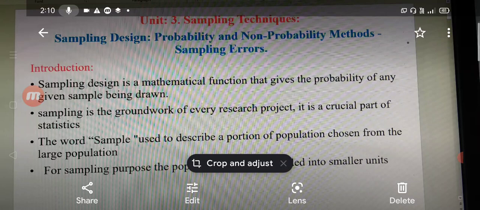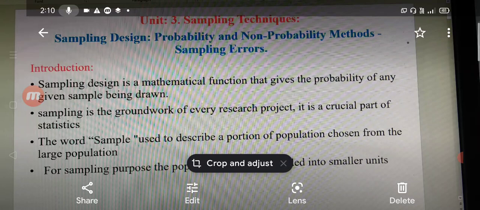divided into units. Based on the above example of the COVID impact on students, if we want to conduct such a study, first of all we have to select the area where we conduct the study, either all over India, or in a particular state, or a particular district, or a particular mandal.